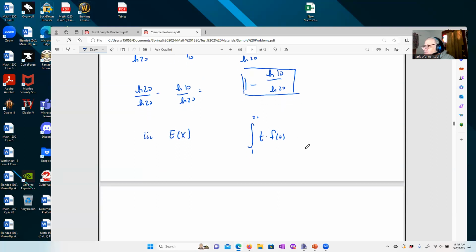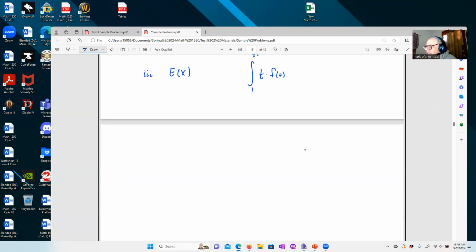So t times f of t, which is t times 1 over t times ln 20, from 1 to 20. Well, this is convenient, isn't it? These cancel, and we just end up with 1 over ln 20 times the integral of dt from 1 to 20. So this is just 1 over ln 20 times t from 1 to 20.